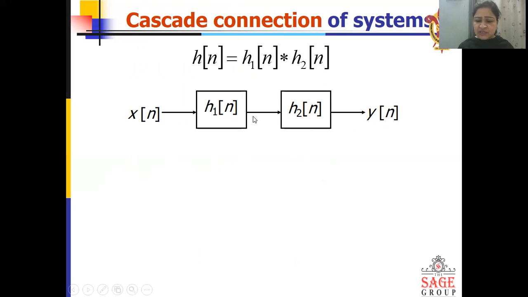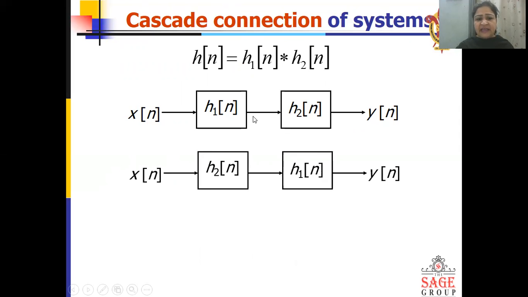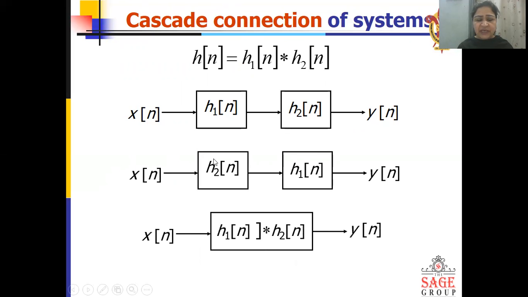If these two systems are in cascade, we can represent it with a single discrete time system whose unit impulse response is the convolution of the respective unit impulse responses h1n and h2n.